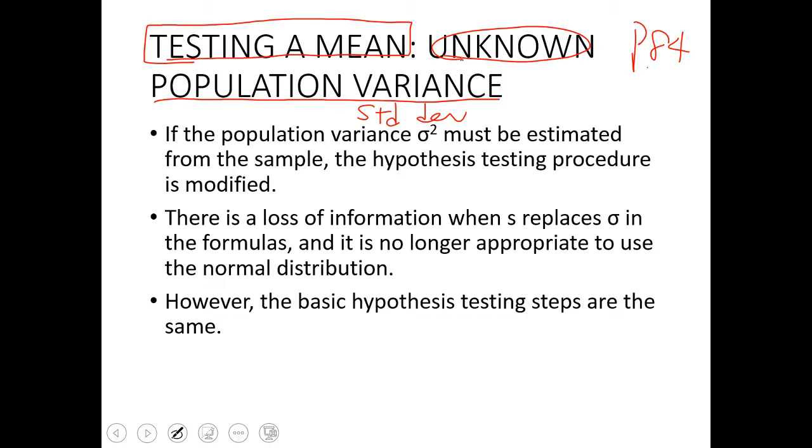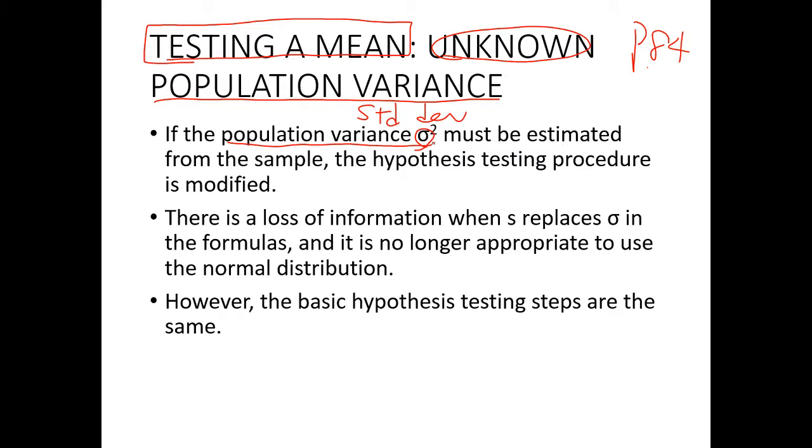In the previous example, sigma or sigma squared, the population variance and population standard deviation, were given. But in many cases, as we discussed in the confidence interval, the population standard deviation or population variance will not be given.